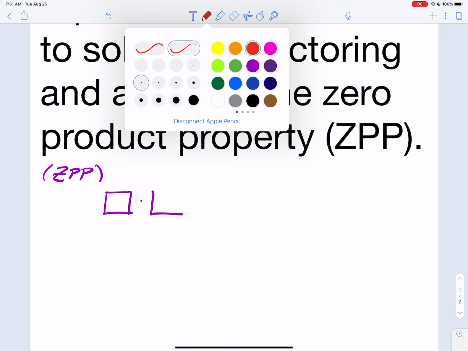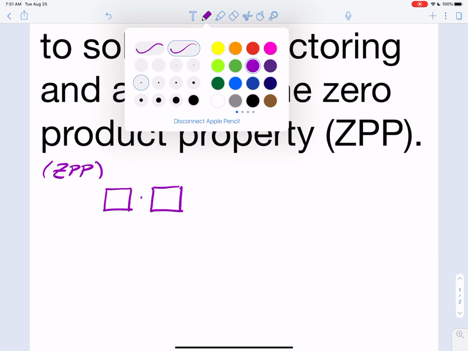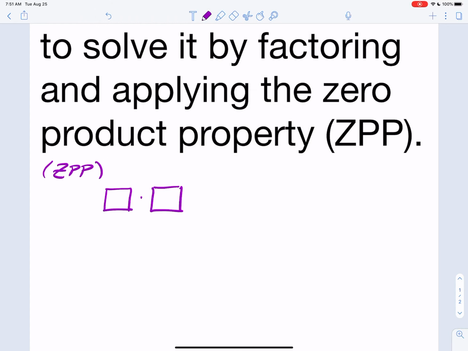Now, here's the thing. If I told you the answer was 0, okay? We're multiplying two numbers together, two factors, so we have a product that's equal to 0, right?